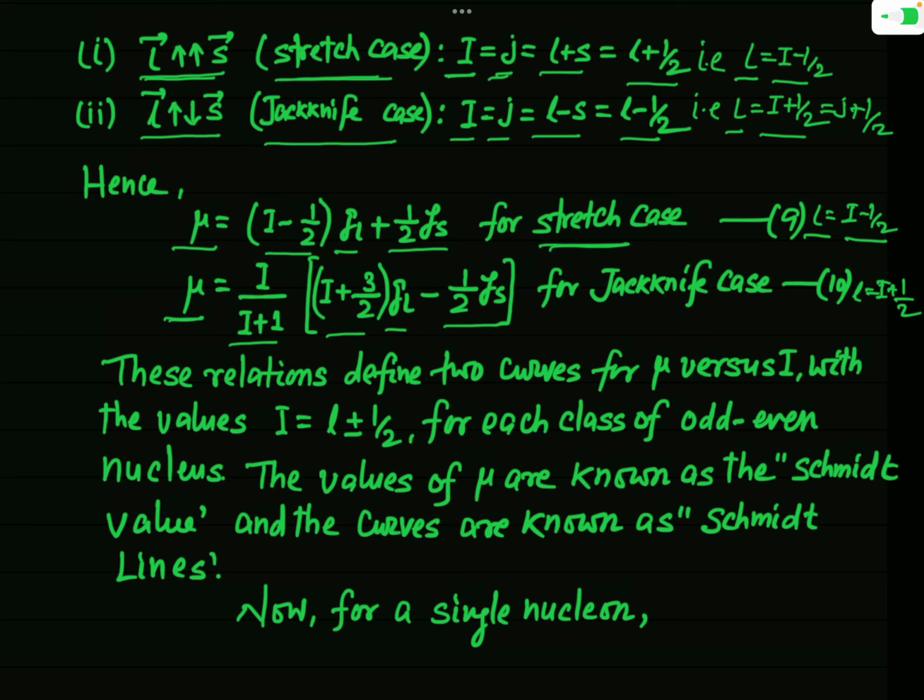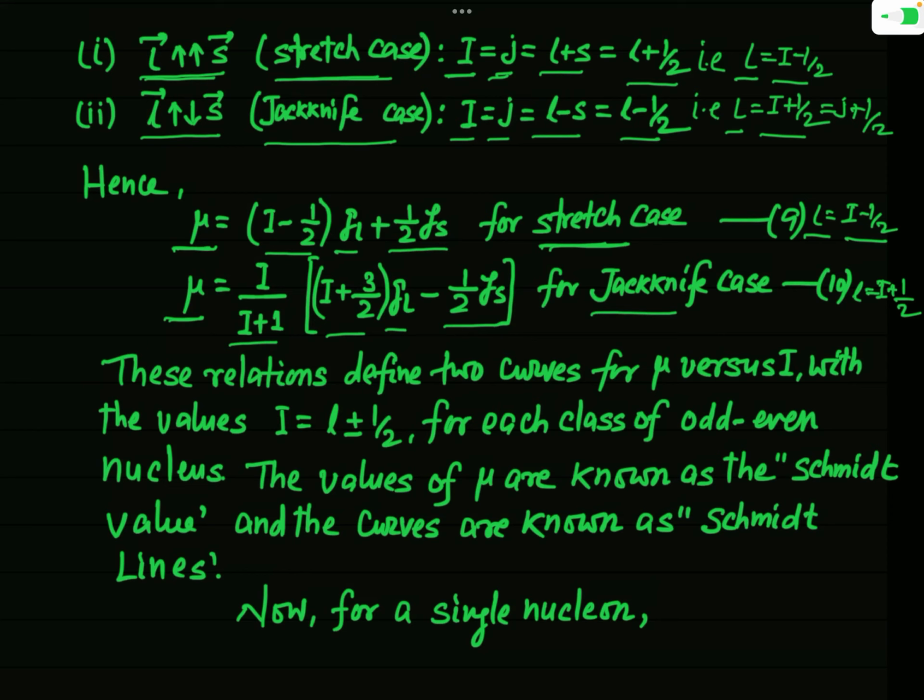Now see, we have two relations which define the magnetic moment of a nucleus in two cases. The first case is a stretch case and another case is jackknife case.